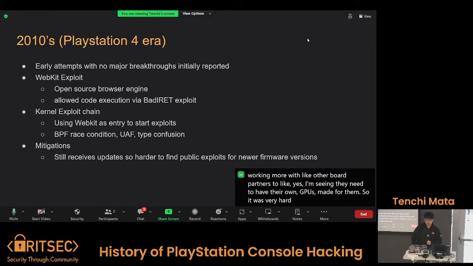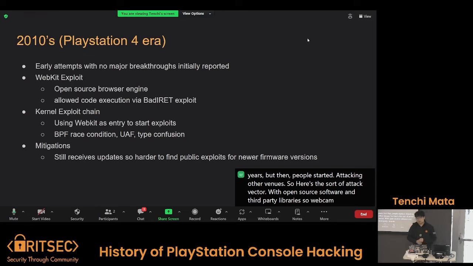There weren't any major breakthroughs in the first 2 years, but then people started attacking other venues. So here's the attack vector with open source software and third-party libraries.